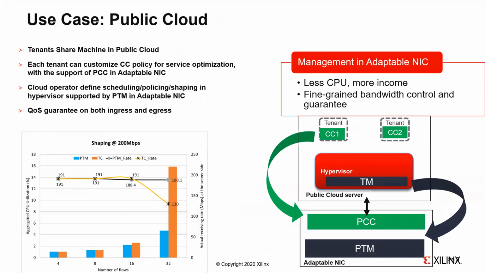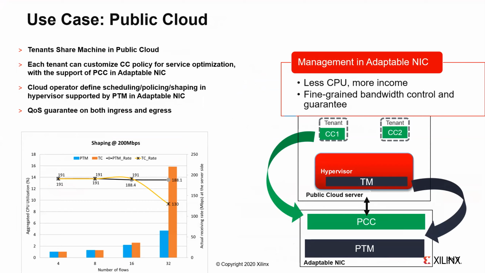Okay, so besides congestion control algorithms, with the same adaptable NIC prototype, we could support more applications or services. As I just mentioned, the motivation is to have specific customization.